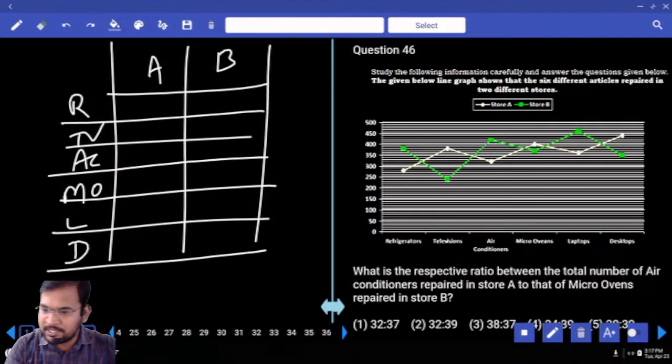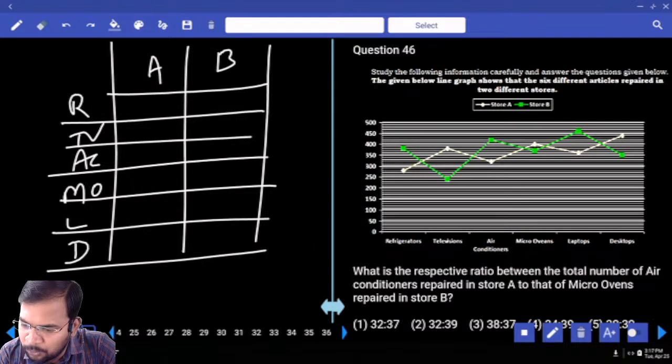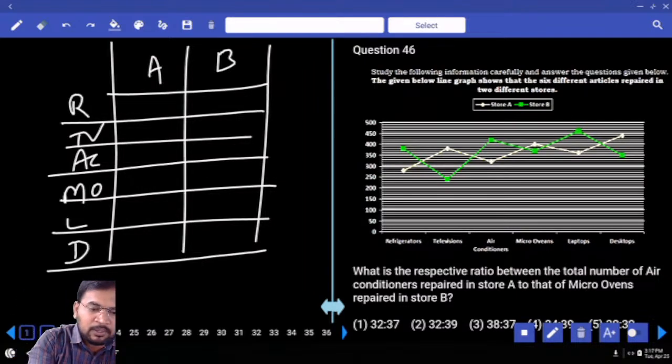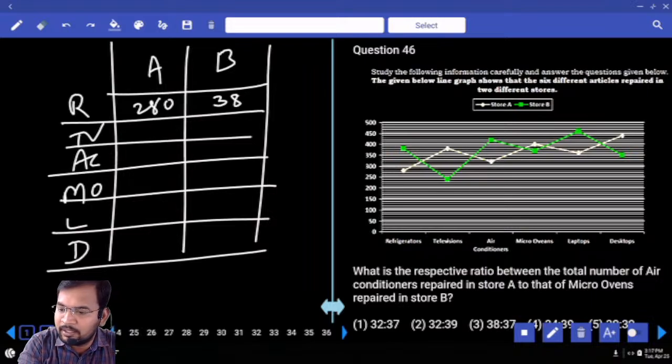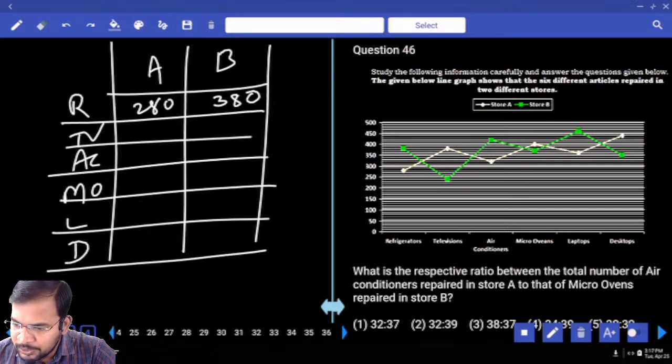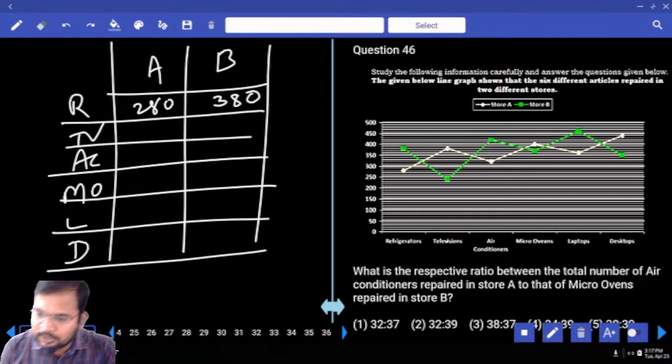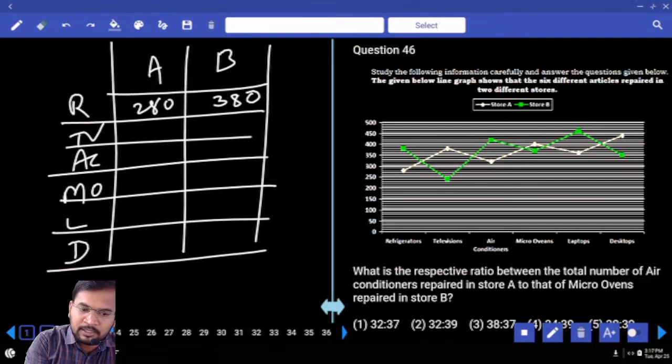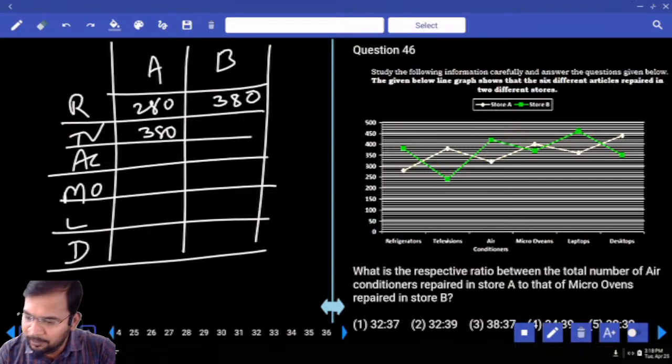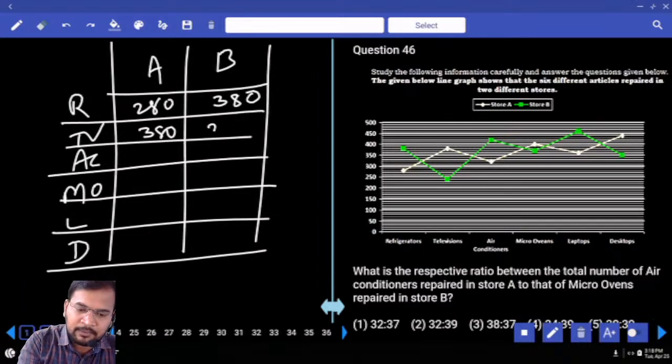Now tell me the values fast. Store A: 250, 260, 270, 280. Next store B: 380. Next, tell me TV. Store A is how much? Television 380. Store B 240.